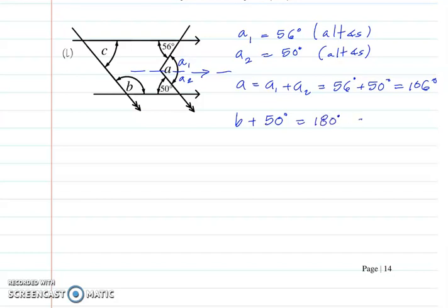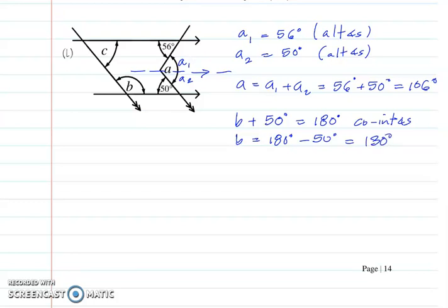They are co-interior angles. B is therefore 180 minus 50. So B is equal to 130 degrees.